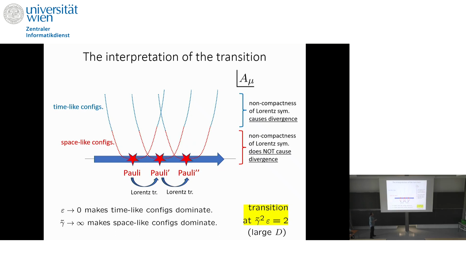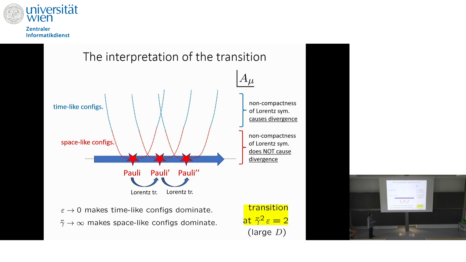Another point here is that along the orbit, this part is space-like, but if you go sufficiently far away from the saddle point, you obtain time-like configurations. This kind of structure explains what we have observed numerically and also by the 1 over d expansion.